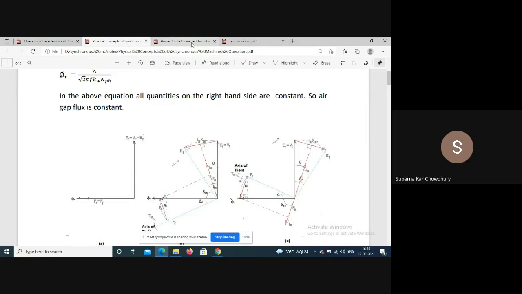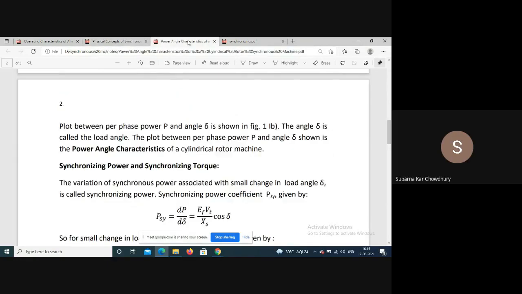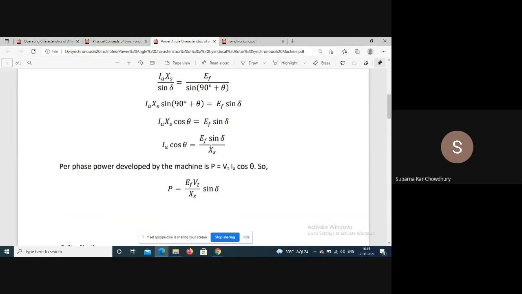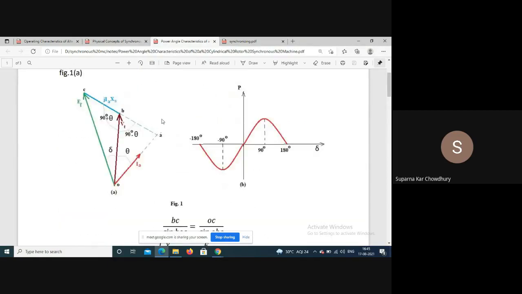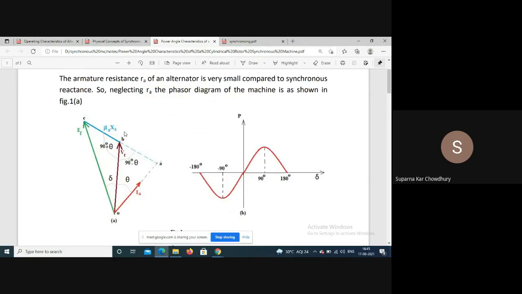Now, before that, let us consider the power expression. For a cylindrical rotor synchronous machine, say we neglect the resistance Ra, because for the derivation of the equation we normally neglect the resistance, as it is small compared to the synchronous reactance Xs.